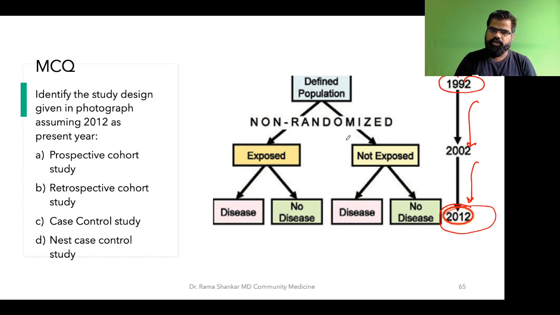So ultimately you are doing a cohort study only, but you have gone back in time since your present year is 2012. In principle that is a cohort study, but since you're going back in time, it becomes a retrospective cohort study. Okay.